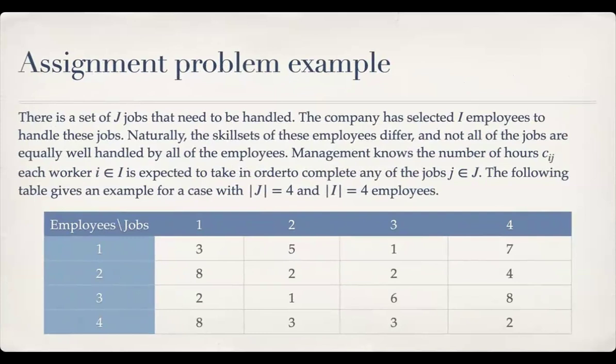For example, we have J jobs, and we have to complete these J jobs. The company has I employees in total to handle these J jobs. And of course, the skill set of each employee is different.